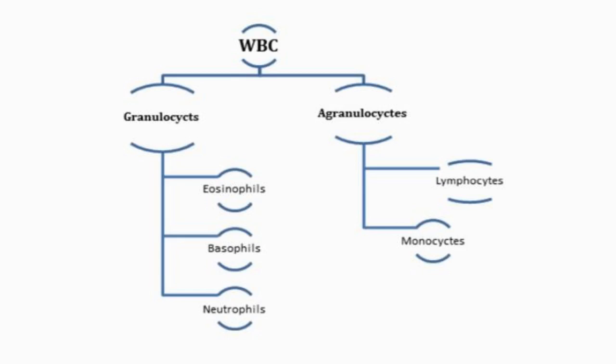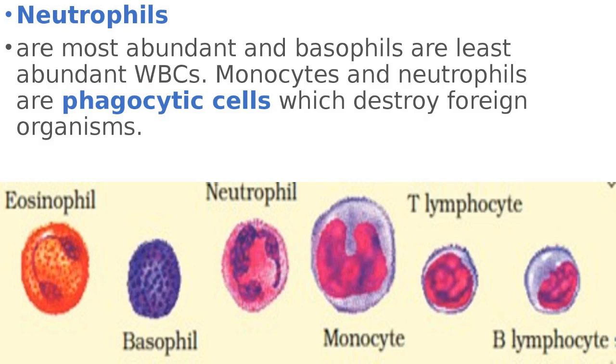The nucleus of the neutrophils is polymorphic, or you can say multi-lobed. Before going to the basophils, the percentage of neutrophils out of WBCs is 60 to 65%.